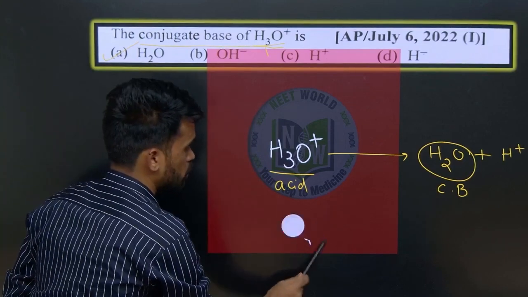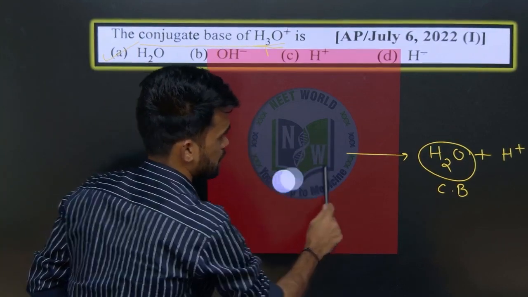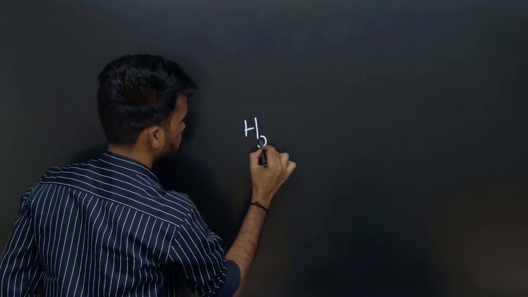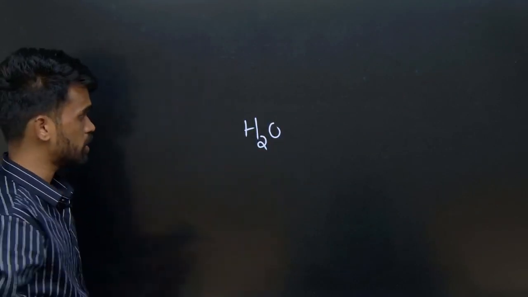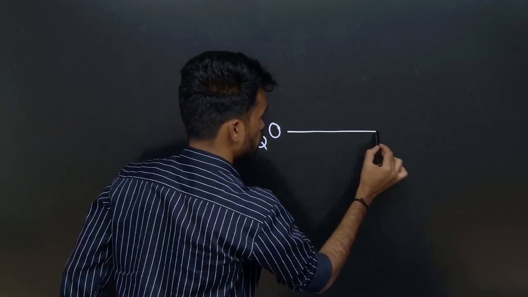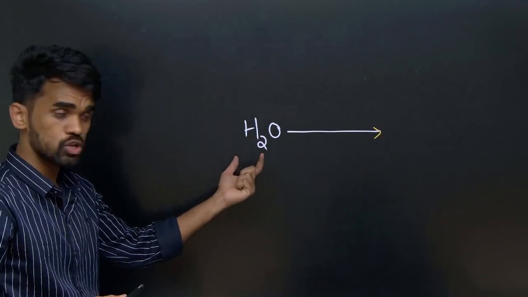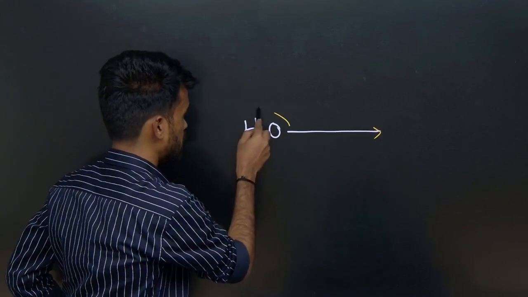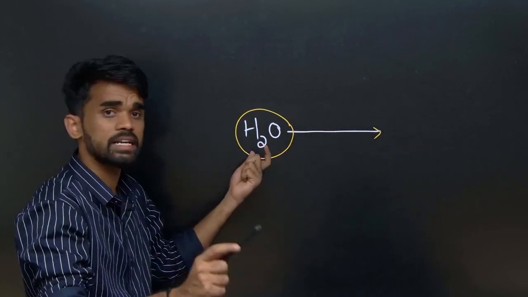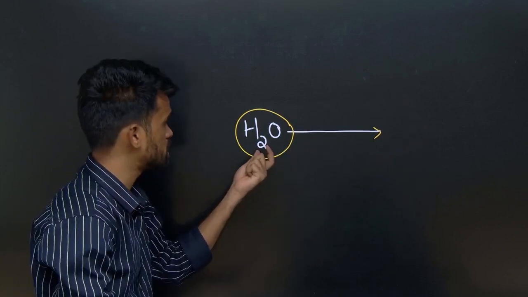Now I will give you some more clarity on this concept. Just look here. I have a water molecule. Now tell me, what is the conjugate base of this? Whenever we take a species and ask for its conjugate base, just remove one hydrogen.